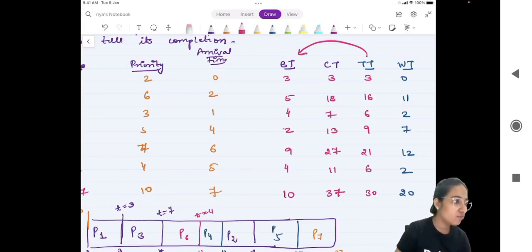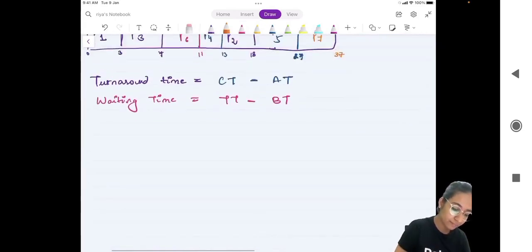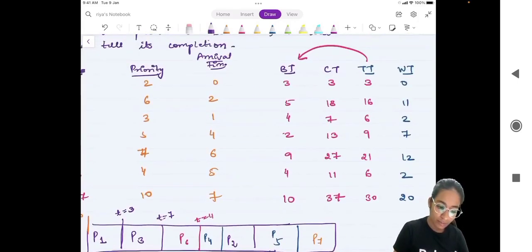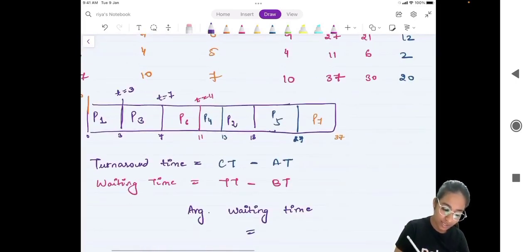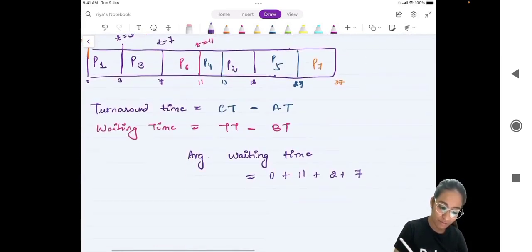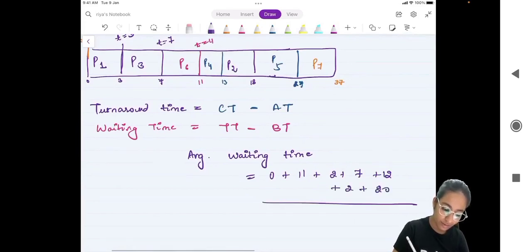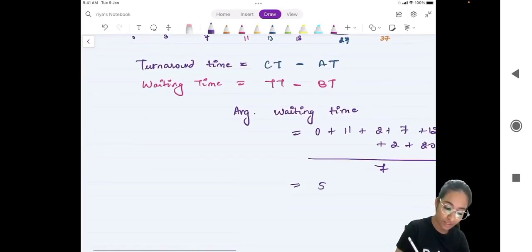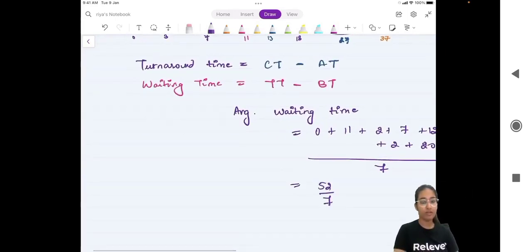And based on that, what will be the average waiting time? It will be 0 plus 11 plus 2 plus 7 plus 12 plus 2 plus 20, divided by 7, which comes out to be 52 by 7 over here.